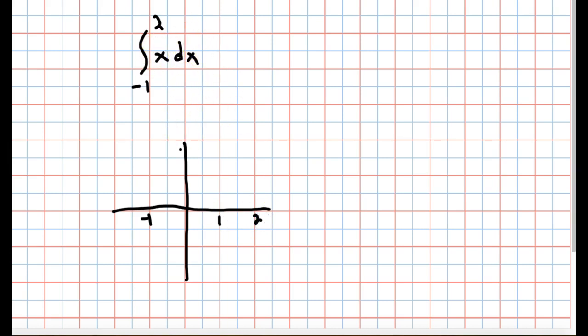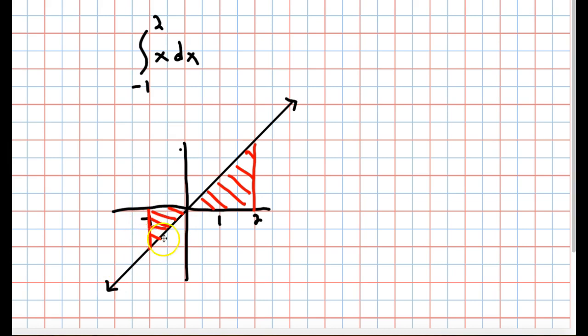So this is just the line y equals x. So if we graph this line, we get something like this. And now I want to evaluate this from -1 to 2. So what I end up with is two different pieces. I'm finding the area from -1 up to 2, so I end up with two different triangles here.